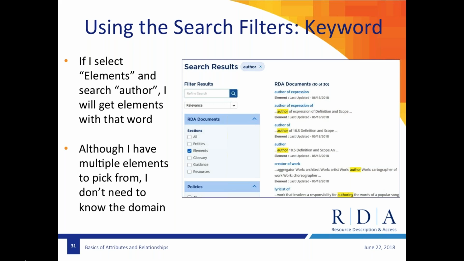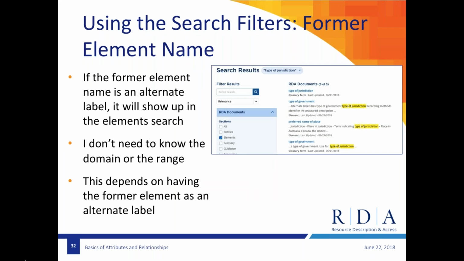By process of elimination, since I have that bit of information, I can figure out which is the one I'm looking for, "author of," and I didn't actually need to know that the domain was agent. I just needed to know that it was an element and have a word for the keyword search.